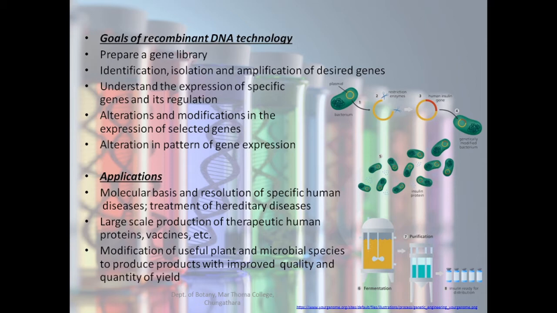And coming to applications of recombinant DNA technology, the molecular basis and resolution of specific human disease genes and the treatment of hereditary diseases. This is a very commonly applied use of genetically modified organisms and cells.